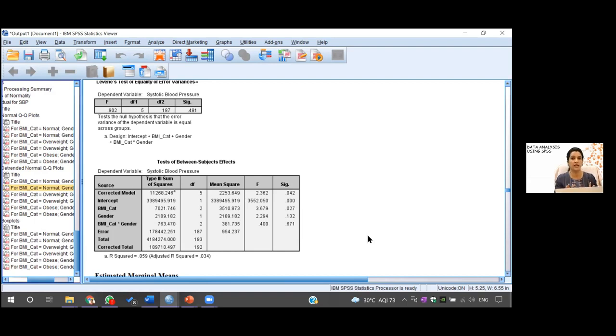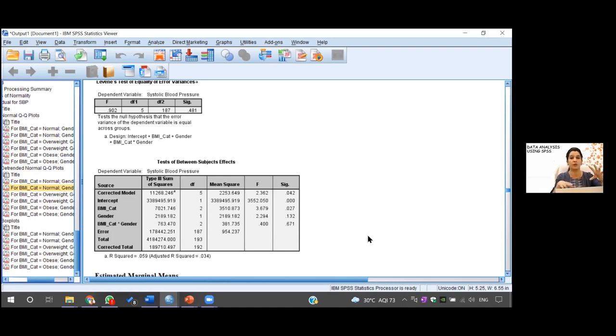So is it clear up till this point, that the first and most important thing is to check whether that interaction is significant or not? If it is not significant, then we will go to report the main effect. Main effect, what do I mean by this? That there is no effect of gender per se on the distribution or the value of systolic blood pressure across BMI CAT.